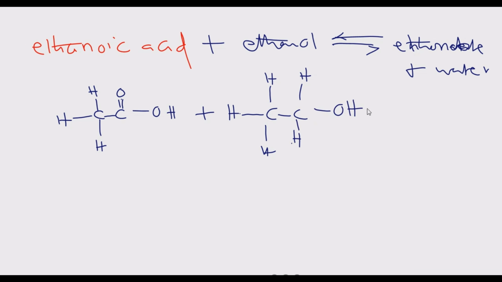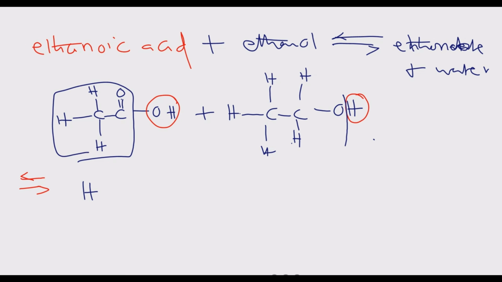So now what is going to happen in this case is this OH and this H, they are going to form water, in such a way that this reversible reaction, the results will be as follows.